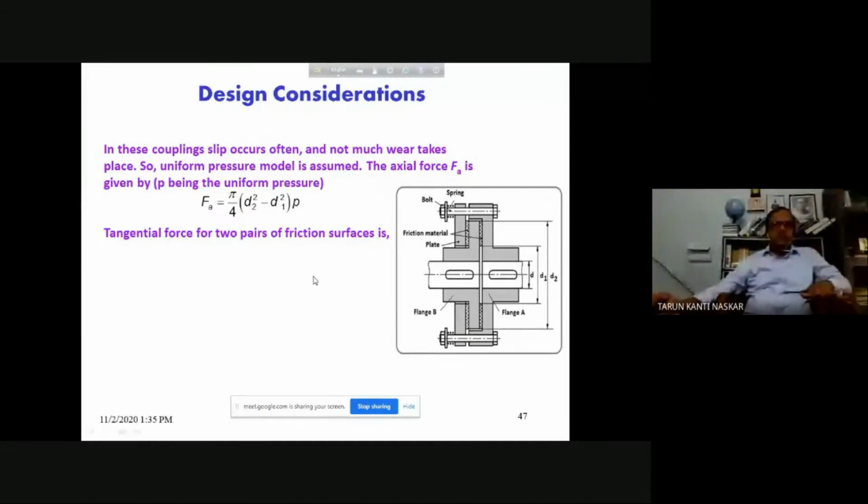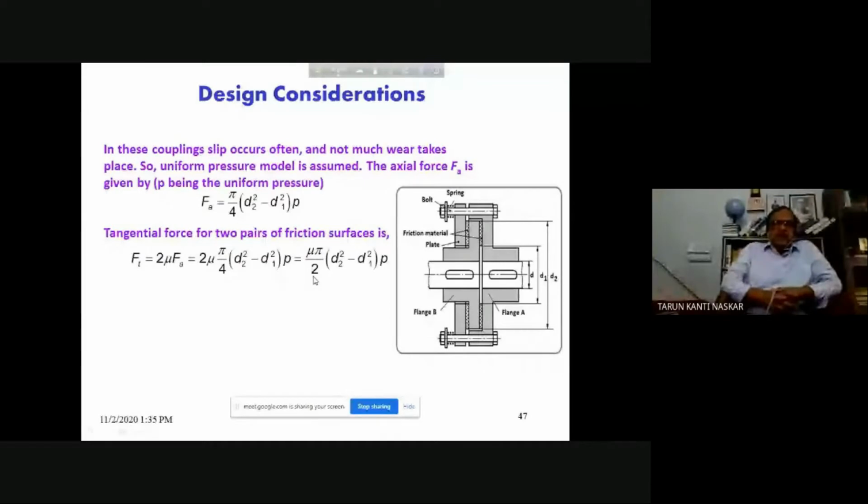So the frictional force, that is the tangential force Ft, is twice μFa. So this is the frictional force, and this is equal to 2μ π/4 (D2² − D1²) into small p. So that is equal to μ π/2 (D2² − D1²) small p.